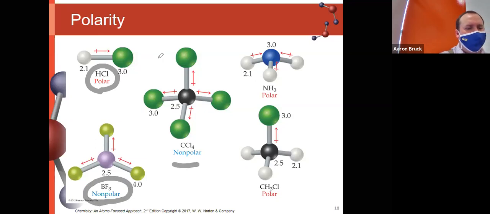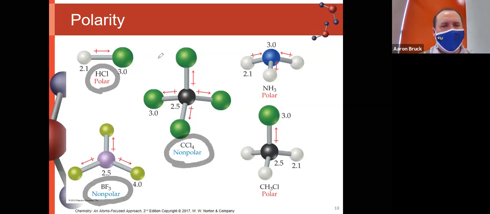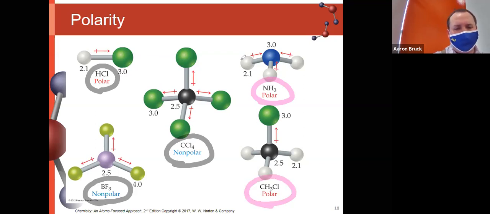Compare my two nonpolar molecules with an actual shape, nonlinear, with the two that are polar. What is it that the nonpolars have in common? What is it that the polars have in common?